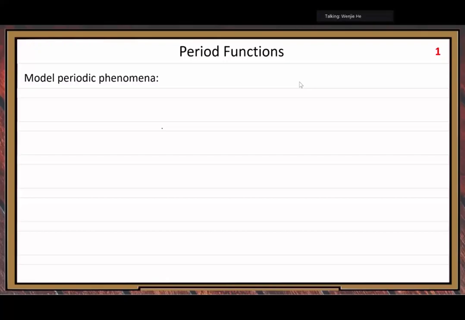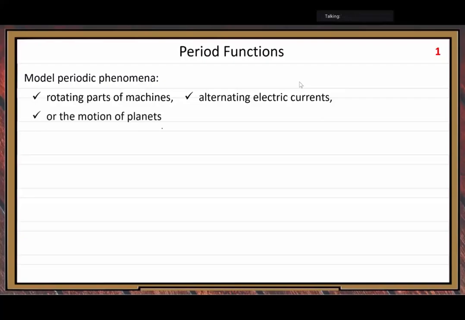A few examples: rotating parts of machines are periodic. Another, alternating electric circuits. That's another important phenomenon. Or the motion of planets. So you see, there are many important real world phenomena that are periodic.